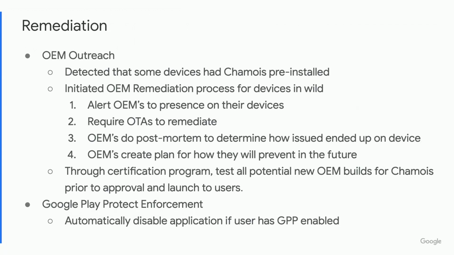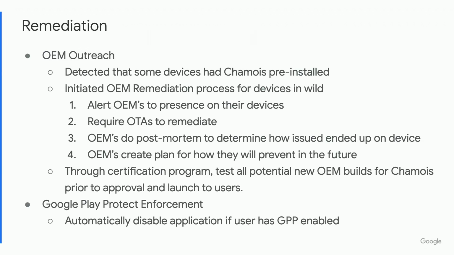So what type of remediation do you do when 250 different OEMs are affected? We did have an OEM remediation process, which first is to alert the OEM and require an ACK, acknowledging that yes, this was on my device. Second, immediately require OTAs to be developed and distributed to users. And next, which I think has been one of the most powerful, is to require a postmortem to determine how this issue even ended up on your device.